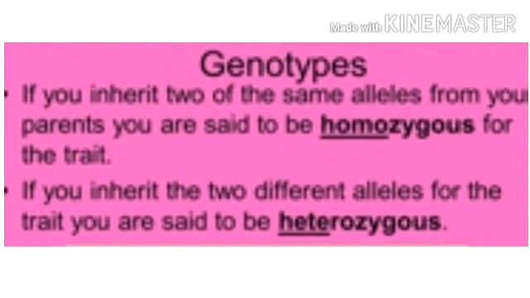Genotypes may be homozygous or heterozygous. If a person inherits two of the same alleles from their parents, then this condition is known as homozygous, and if the person inherits two different alleles for the same trait, then this condition is known as the heterozygous condition. As you have seen in the previous slide, the earlobe has two types of alleles, capital F and small f.